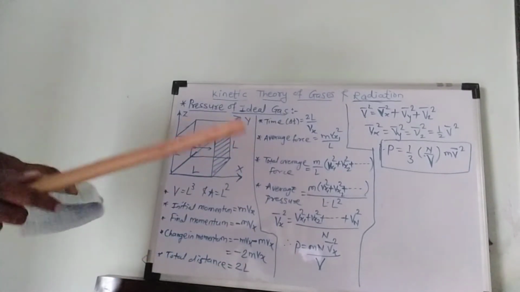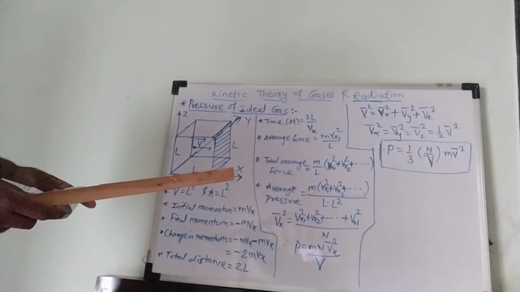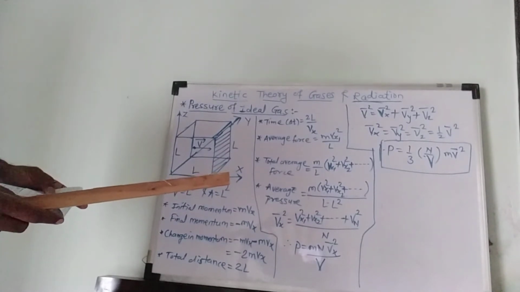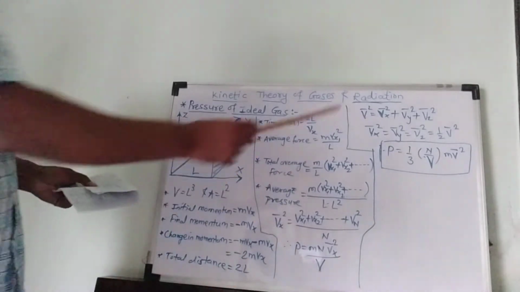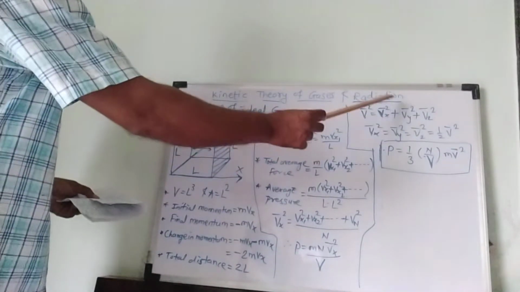Vx bar squared is the average over all possible values of Vx.